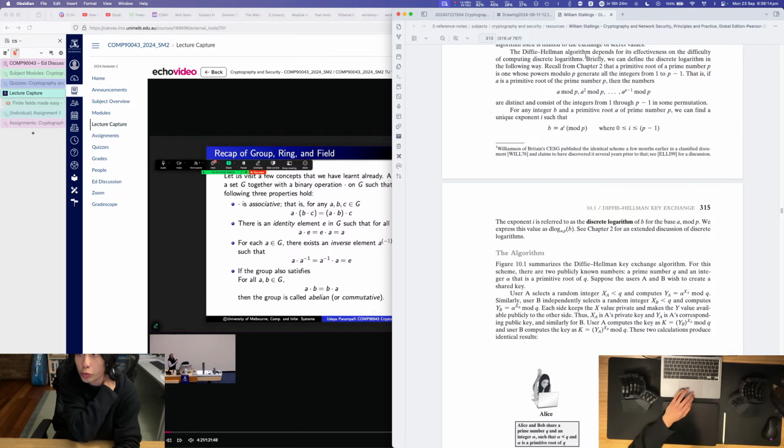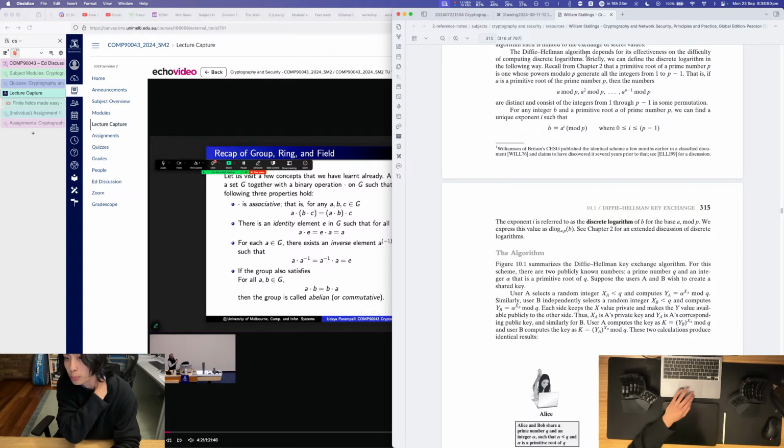A primitive root is one whose powers modulo p generate all the integers from 1 to p minus 1. That is, if a is a primitive root of the prime number p, then the powers of a are distinct and consist of the integers from 1 through to p minus 1 in some permutation.